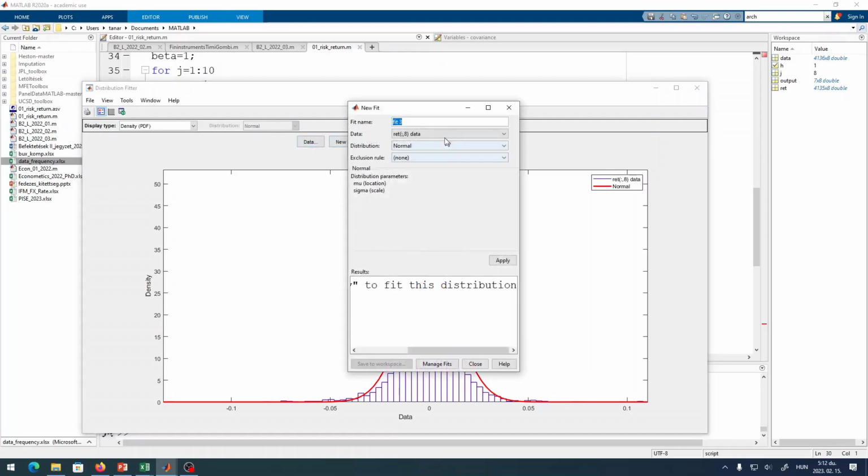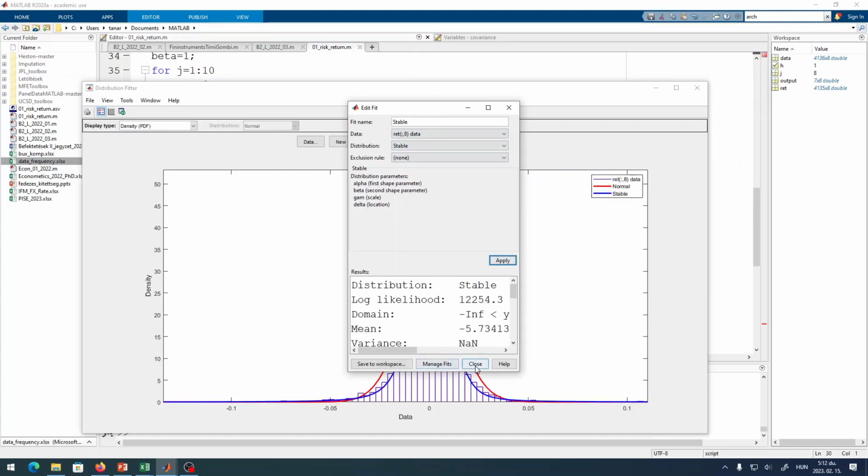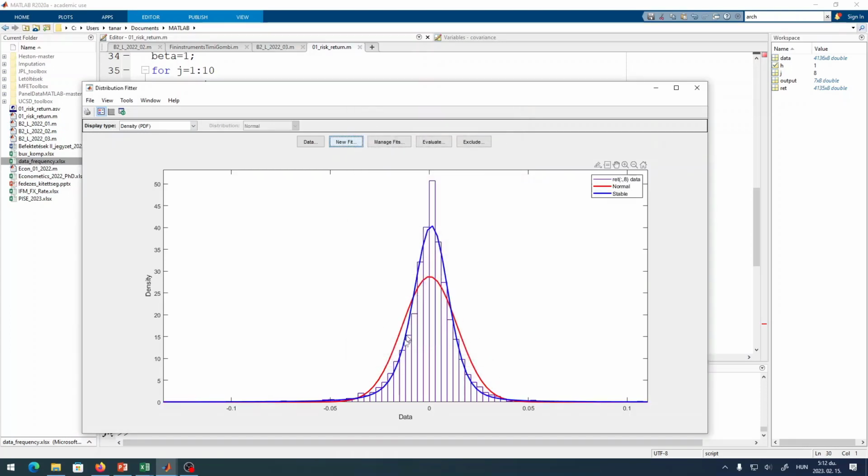And if you are fitting some stable, some kind of Student-like distribution, then we can see that this is what is fitting much better.